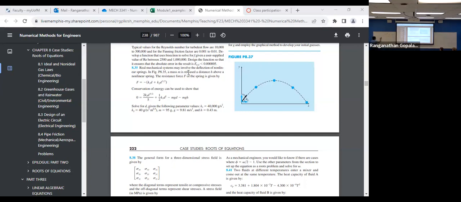The only unknown is D. Okay, so this is a problem that is a very good candidate for Newton-Raphson. If this were given to you in the exam without specifying what method to use, I look at this right away. Computing the derivatives of this function is easy. So it's a good candidate for Newton-Raphson.